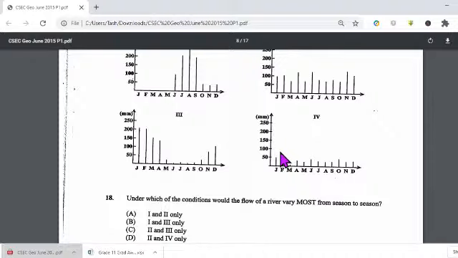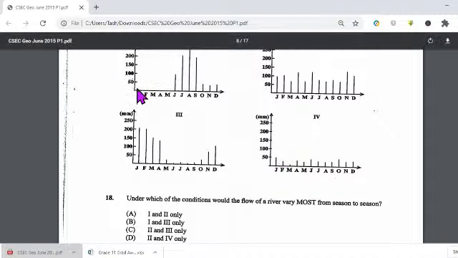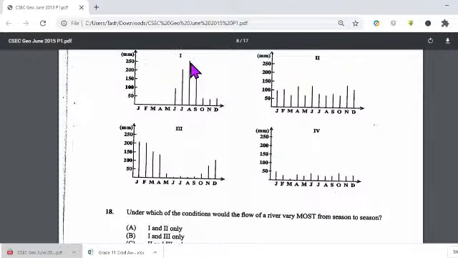So looking at one, we're seeing that there's absolutely no rainfall here, and then we are having rainfall, and then it reduces again.